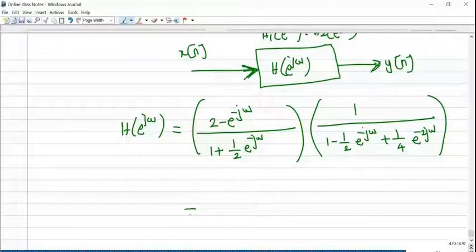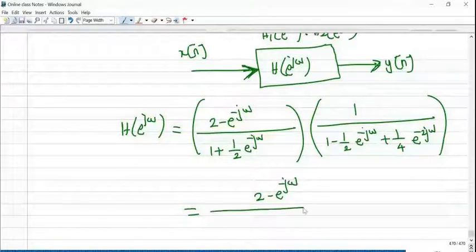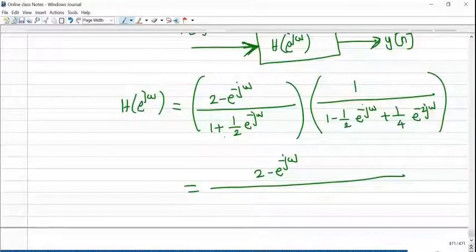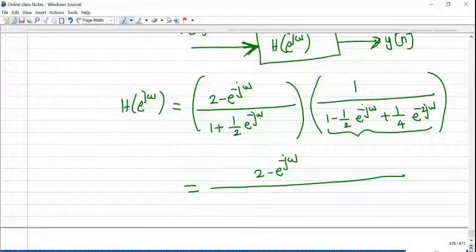The numerator is 2 minus e power minus j omega. The denominator you have to solve step by step. First multiply the entire term with 1, then 1 by 2 e power minus j omega multiplied with all these values, and then simplify each and every term.